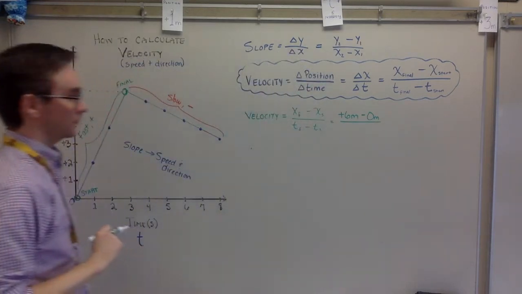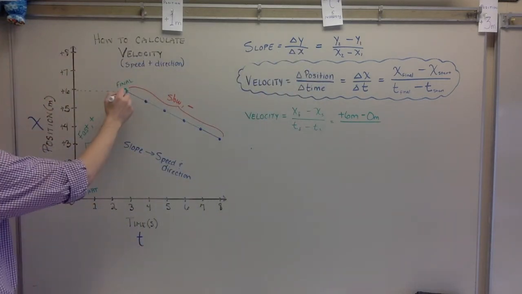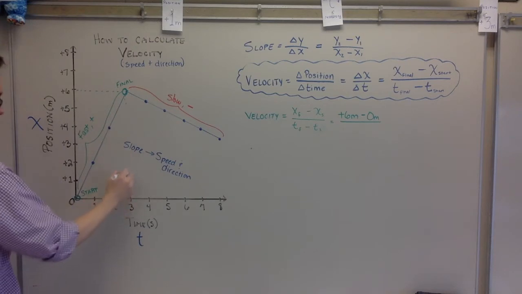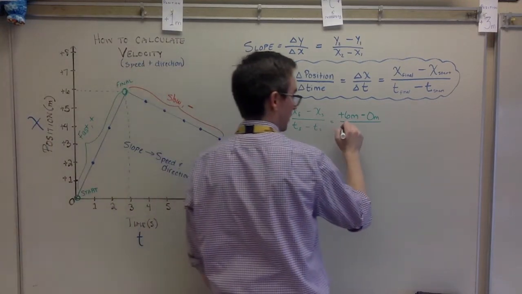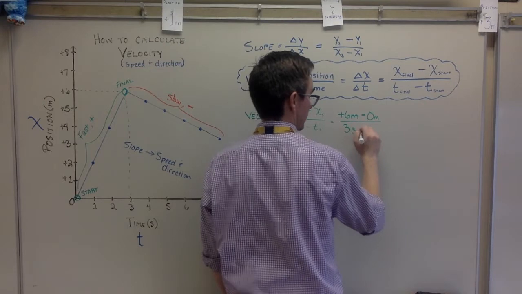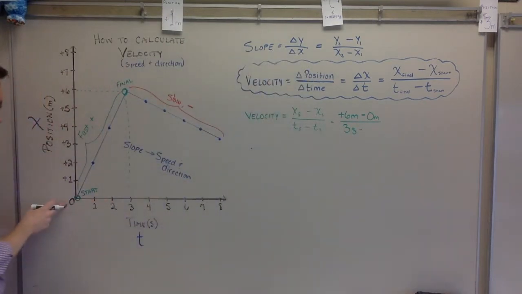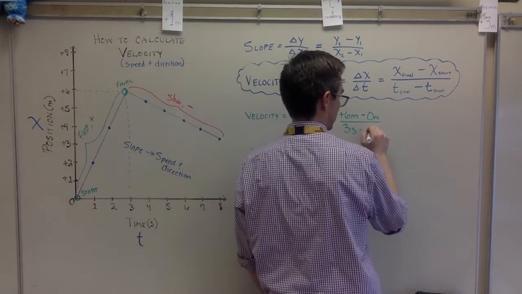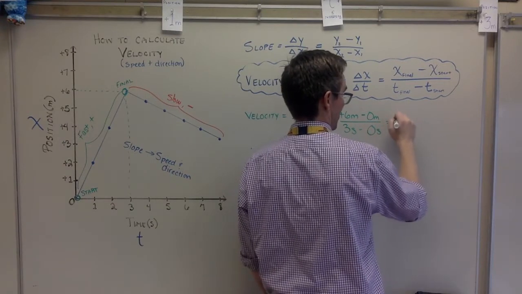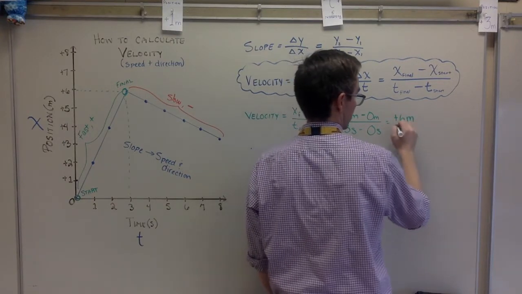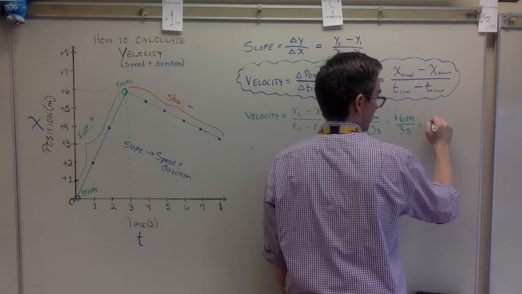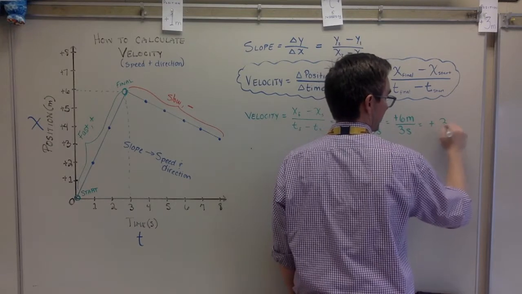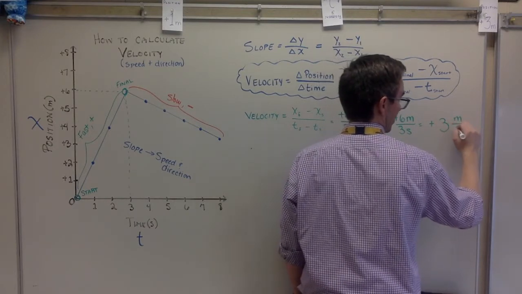Divided by my final time, because that's the final one. Final time is 3 seconds, minus my starting time, which is 0 seconds. So I get positive 6 meters in 3 seconds, or a positive 3 meters per second.